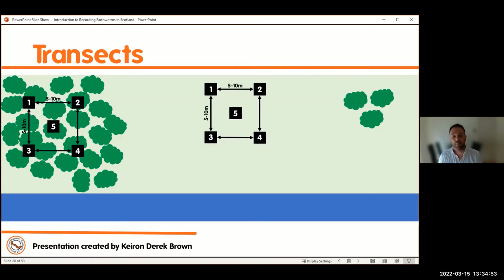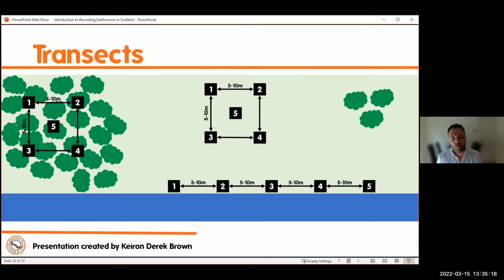I could do the same in the grassland, and those would be 2 different transects, because we've got different habitats there. And if you've got a linear habitat, like a hedgerow or a river, like on this, you can do a linear transect along there. So those are different ways of doing a more structured survey.